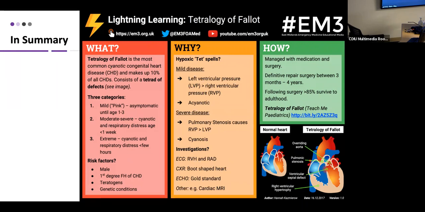It goes over the risk factors, and there's an image on the right which shows the 4 different defects included in tetralogy of Fallot. In the middle, we can see what investigations we need to do in order to determine if the child has tetralogy of Fallot. And the last one talks about how we manage it with medication and surgery, and that it requires lifelong follow-up.